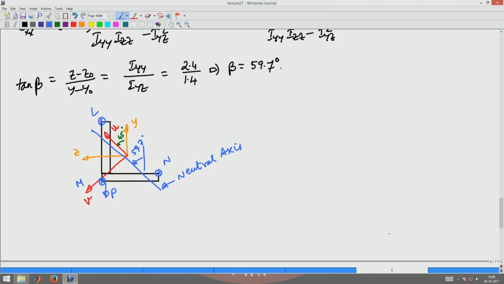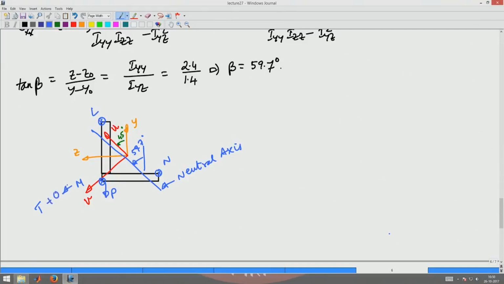The P by root 2 acting along V will produce tension at M, and the P by root 2 load acting along the U direction is along the neutral axis, so it won't produce any stress at M. So at M it will be T plus 0.